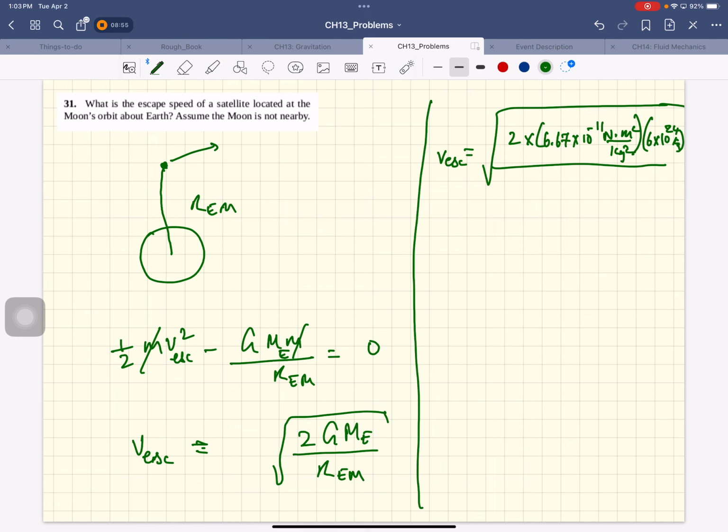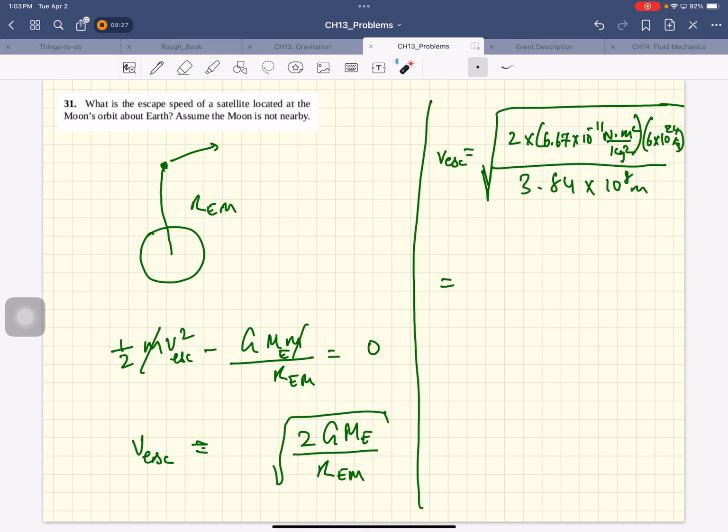Okay, so 3.84 times 10 to the power 8 meters. Okay. All right, so again, let's take care of powers of 10. This is 24 minus 11 is 13, and 13 minus 8 is 5. So what we'll do is we'll spend one of that here.